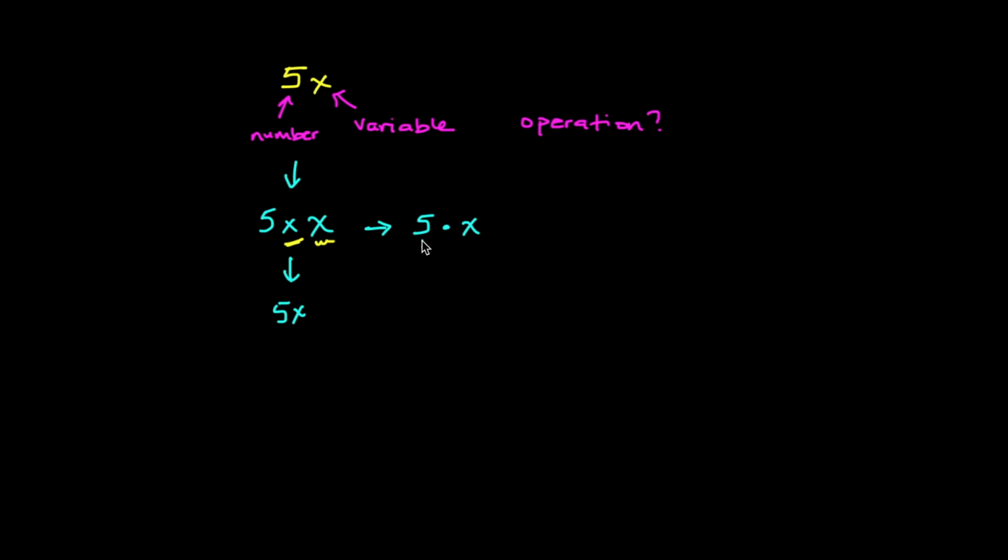Similarly, we can write our 5 times x as 5 dot x. And this means the same exact thing. We're having our 5 multiplied by our variable x. And this can also be written as 5 brackets x. Again, this is saying that our number 5 is being multiplied by the variable x. But all of these over here are the same as writing 5x. Let's write it down over here.